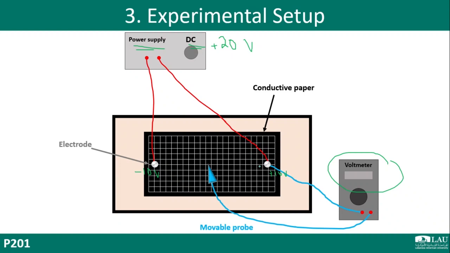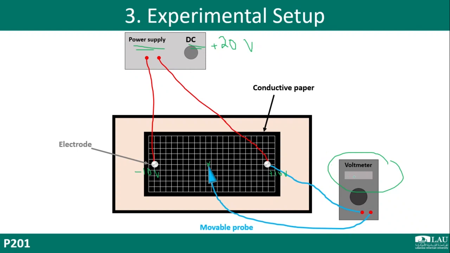I will be using the movable probe to map the equipotential lines. How am I going to map the equipotential lines? Let's say here the voltmeter recorded a value of 5 volts. I will find another point with the same potential difference.